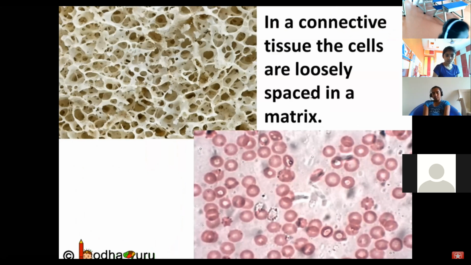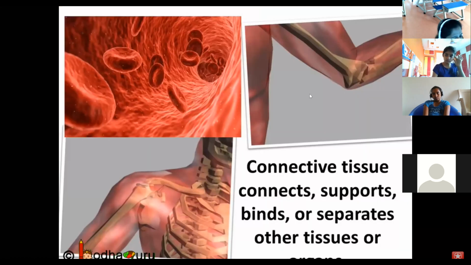In case of bone, that matrix is dense, rigid, which is composed of calcium and phosphorus compounds. So, the connective tissues connect, support, bind, or separate other tissues or organs. The bones also support other organs or tissues. For example, they anchor the muscles and support the main organs.